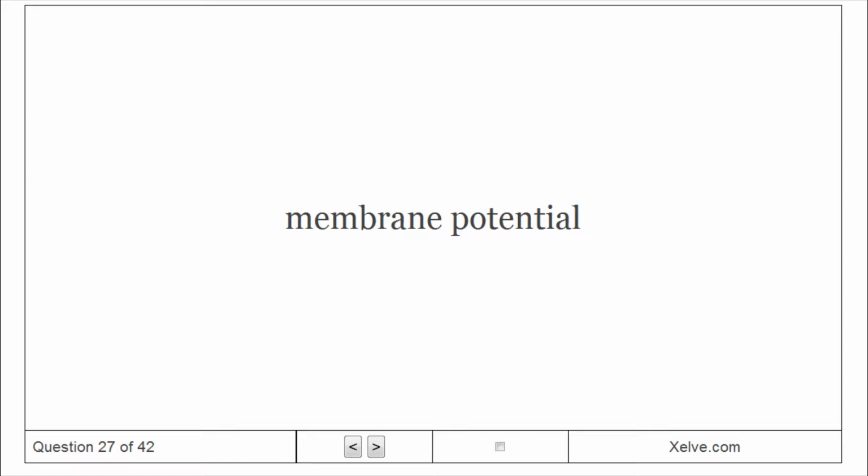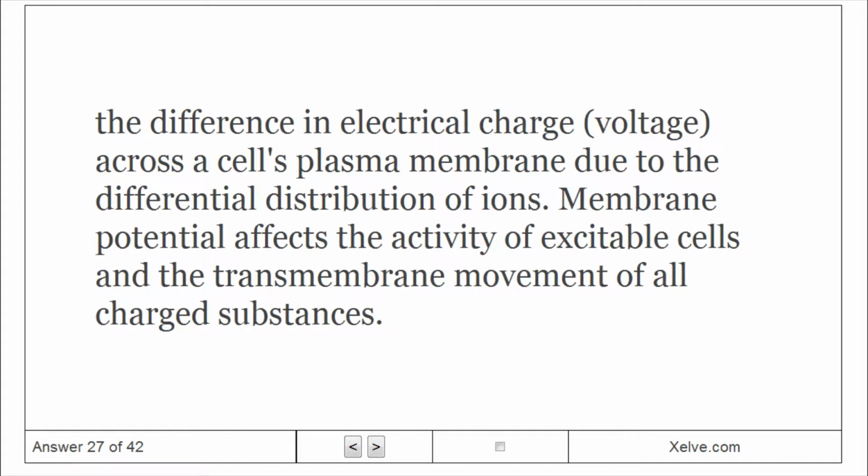Membrane potential, the difference in electrical charge, voltage, across a cell's plasma membrane due to the differential distribution of ions. Membrane potential affects the activity of excitable cells and the transmembrane movement of all charged substances.